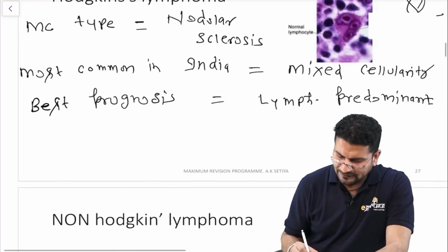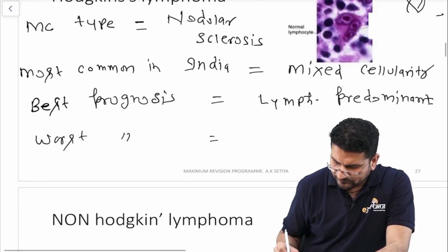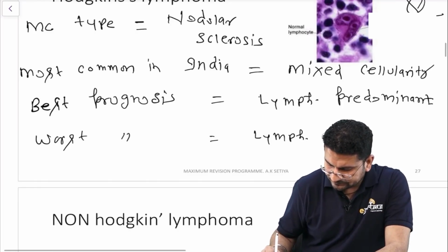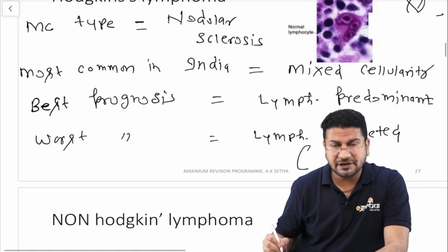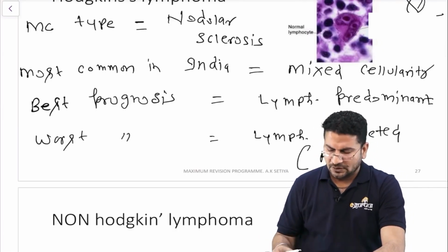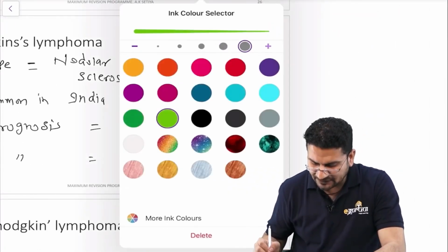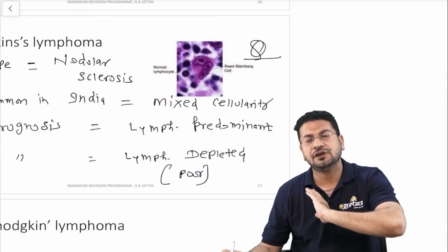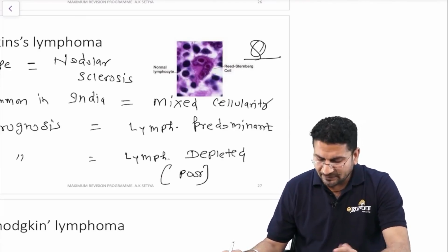On the other hand, the type with the worst prognosis is called lymphocyte depleted, also called lymphocyte poor. Sometimes they ask which type of special cells you will see. RS cells or Reed-Sternberg cells are giant cells which we see in almost all Hodgkin lymphoma, but sometimes their shape is modified.